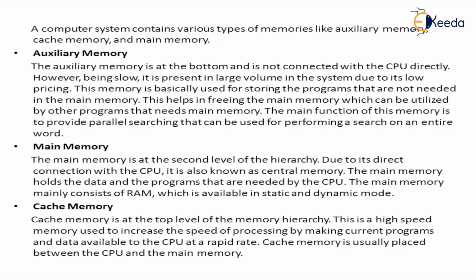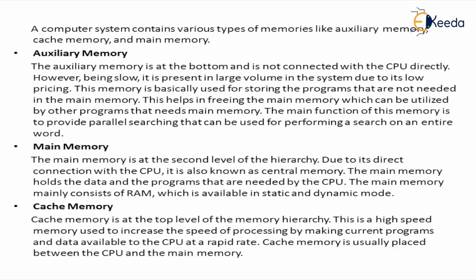The main function of this memory is to provide parallel searching that can be used for performing a search on an entire word. Now, why is this memory important? Because it holds unimportant tasks, and the main memory consists of the important components which are required at frequent intervals for processing. So that is your auxiliary memory.